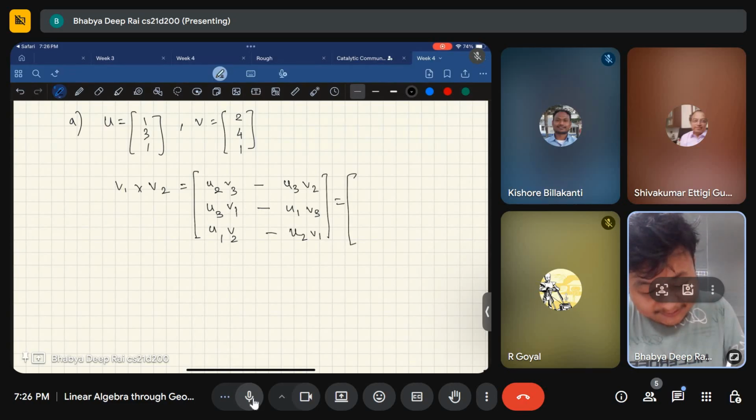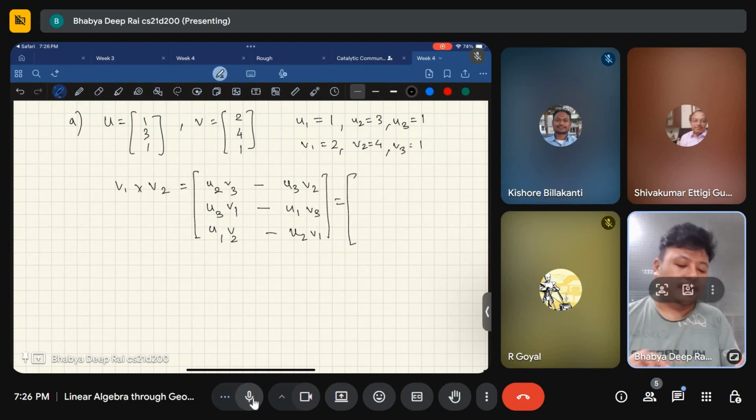So let's just map it out. U1 is 1, U2 is 3, U3 is 1, V1 is 2, V2 is 4, V3 is 1.